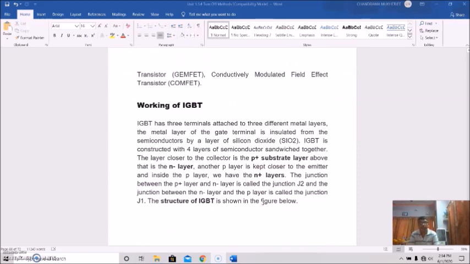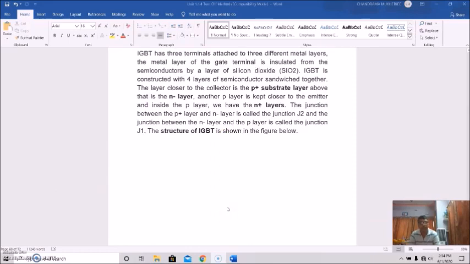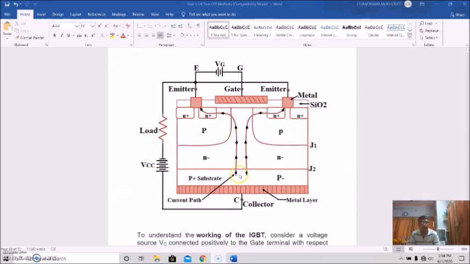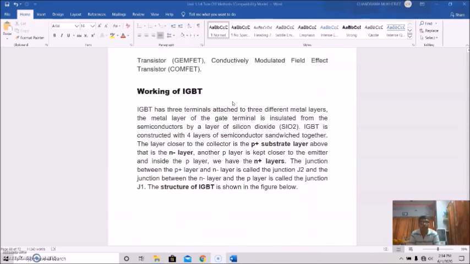So how does it work? The working of the IGBT is shown here. IGBT has three terminals attached to three different metal layers. See, these are attached to three different metal layers.